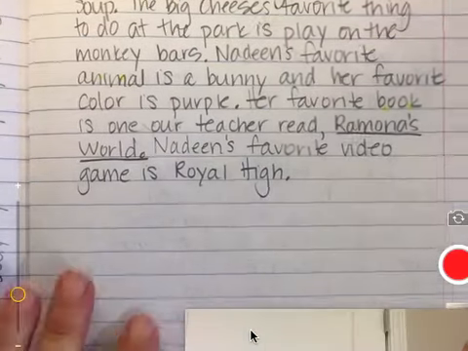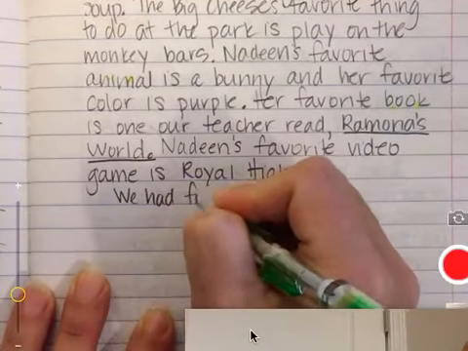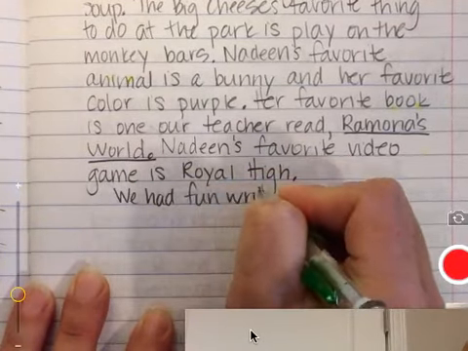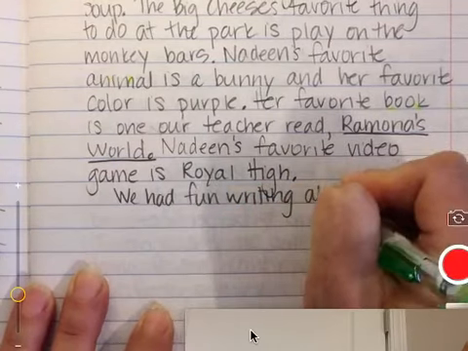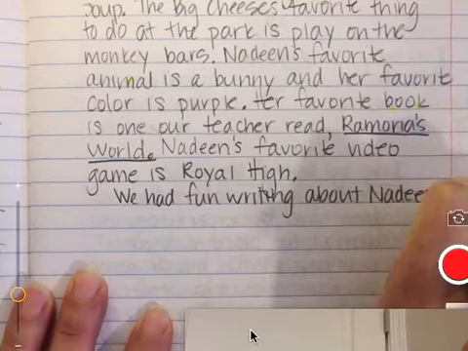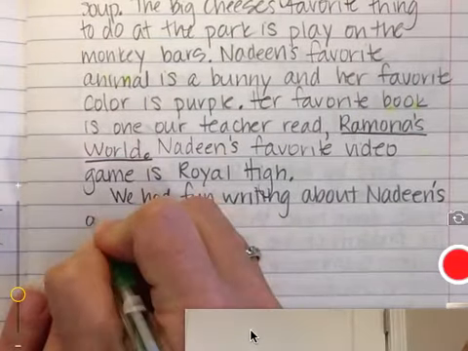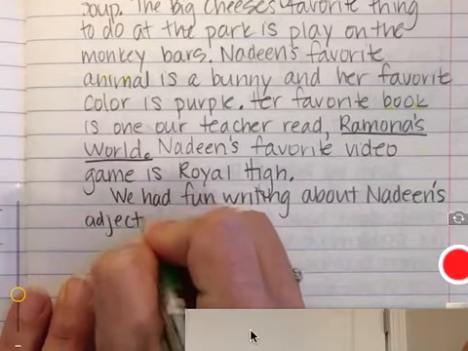Excellent. I love it. We had fun writing about Nadine's adjectives, verbs, and nouns.